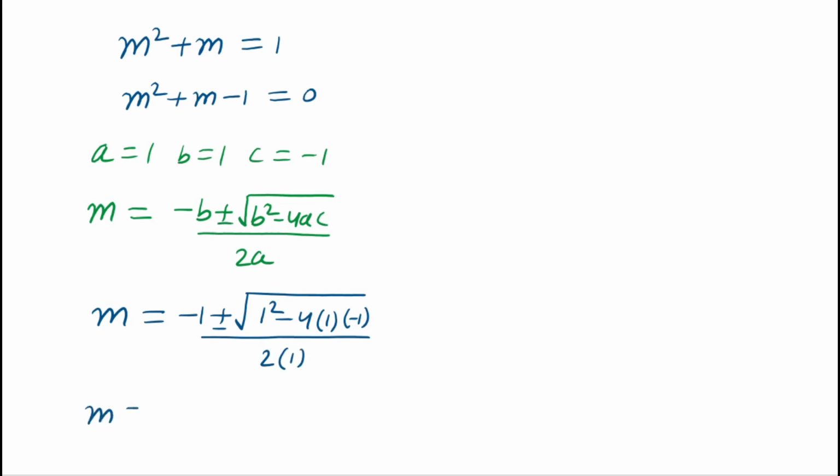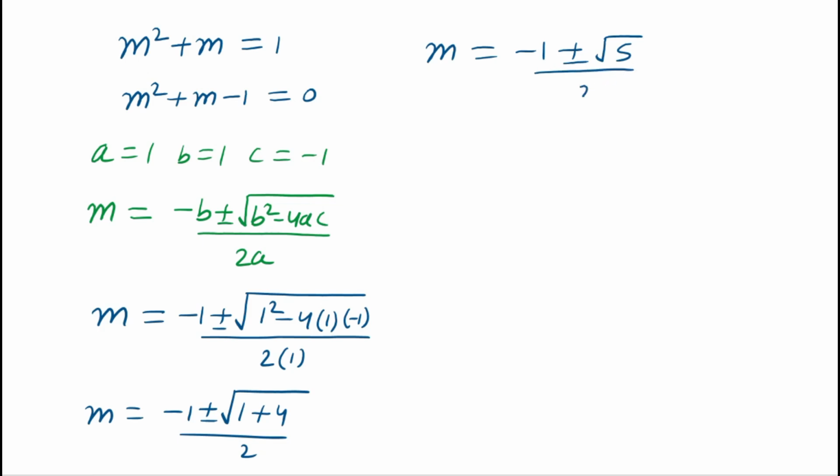Then m is equal to minus 1 plus minus square root of 1 square, which is 1, minus 4 times minus 1, which is plus 4, over 2. Here the value of m is equal to minus 1 plus minus square root of 5 over 2.